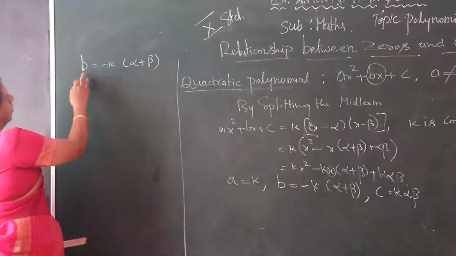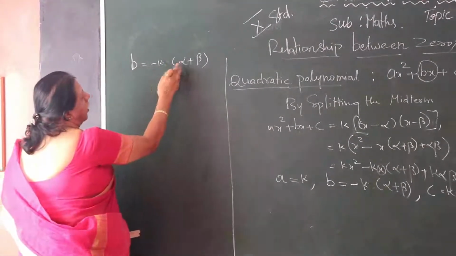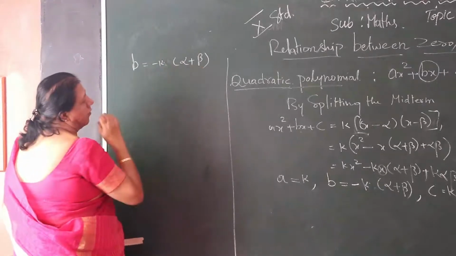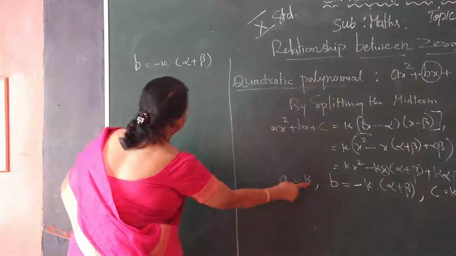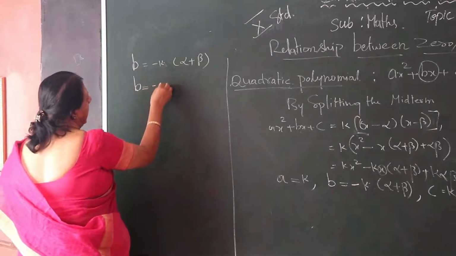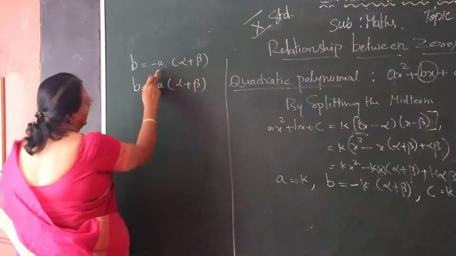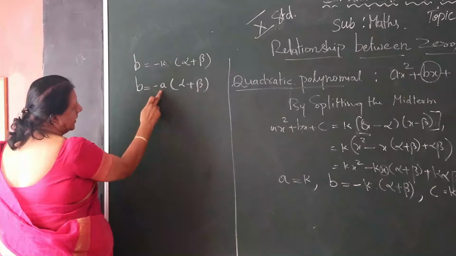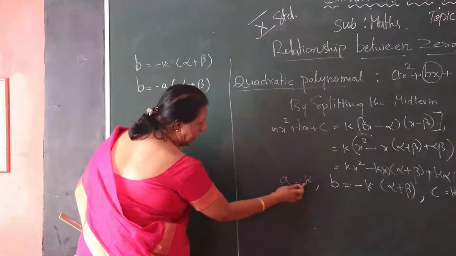Here you go. So therefore b is equal to minus k of alpha plus beta. Now we already got a is equal to k, so a and k are the same.